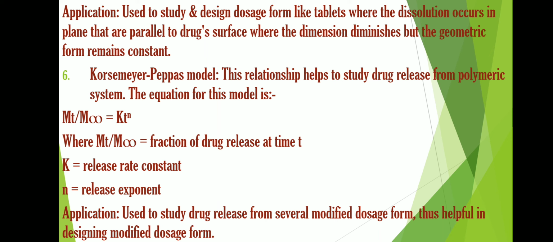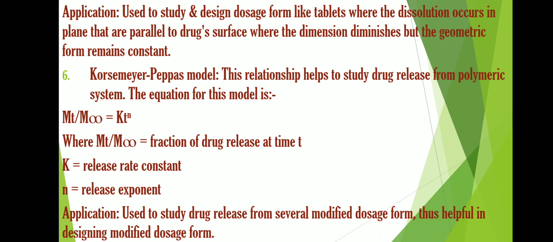The equation is Mt by M infinity equals k t to the power n, where Mt by M infinity is the fraction of drug released at time t. That is, it is a ratio to get the value of the drug which can be released at a particular time.